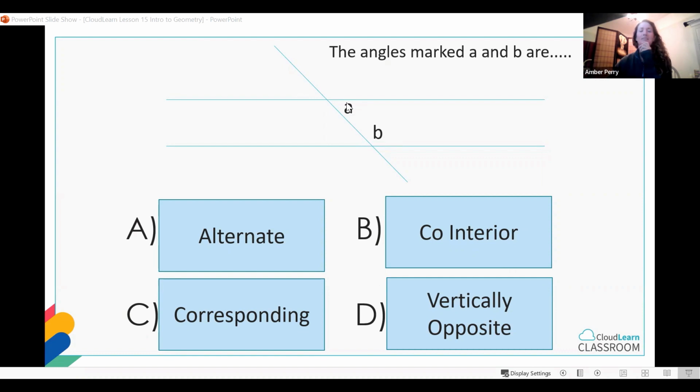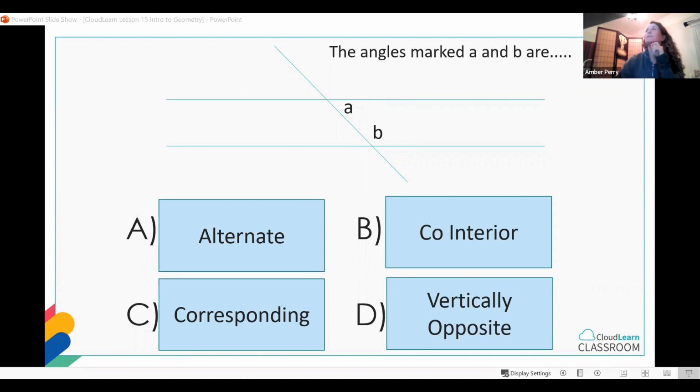So they are the co-interior angles. I'm just going to quickly show you that they actually make what's called a C shape, okay? You can see the C shape there, and they are the ones that add up to 180 degrees. So they are called co-interior angles. And so the correct answer there was B, okay?